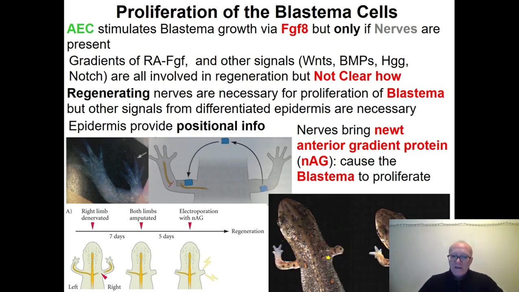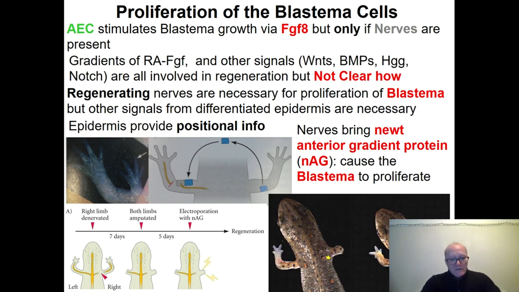One possible candidate is called the newt anterior gradient protein, or NAG. And to demonstrate how NAG may be one of the signals, if not the signal, that is important for the limb regeneration, and it is associated with the nerves, we have this experiment representing this picture here.